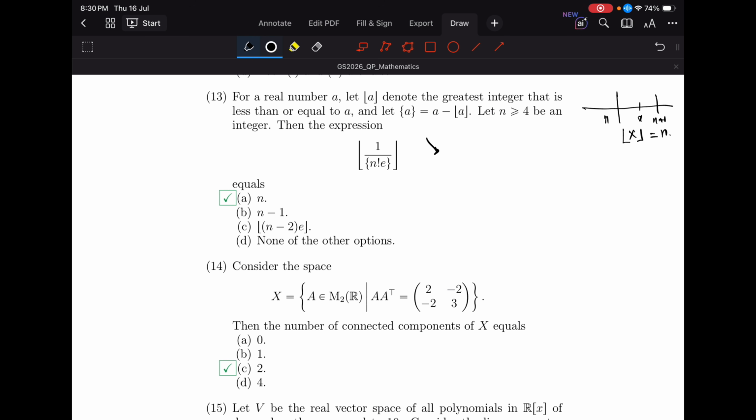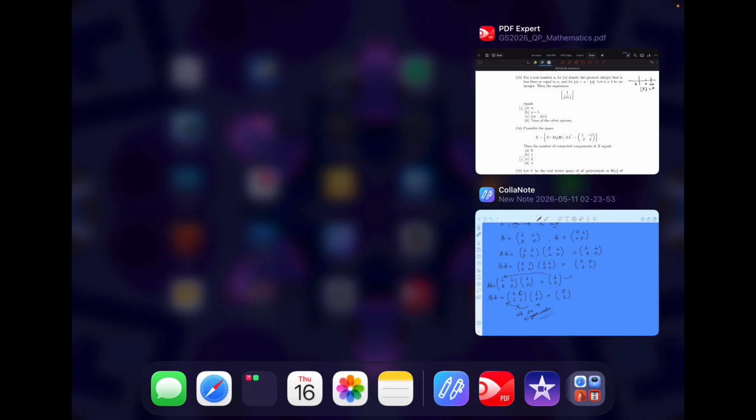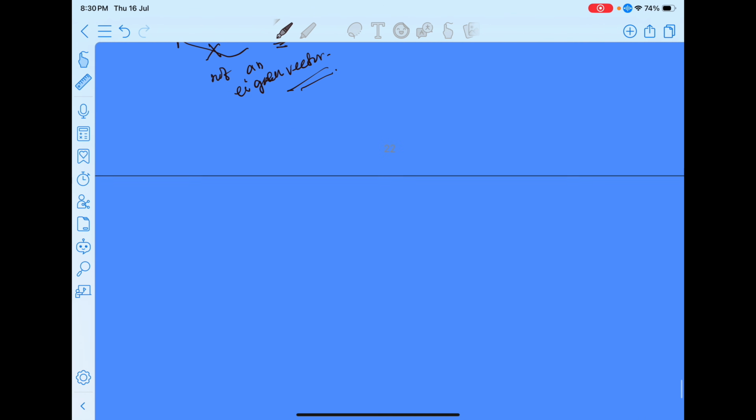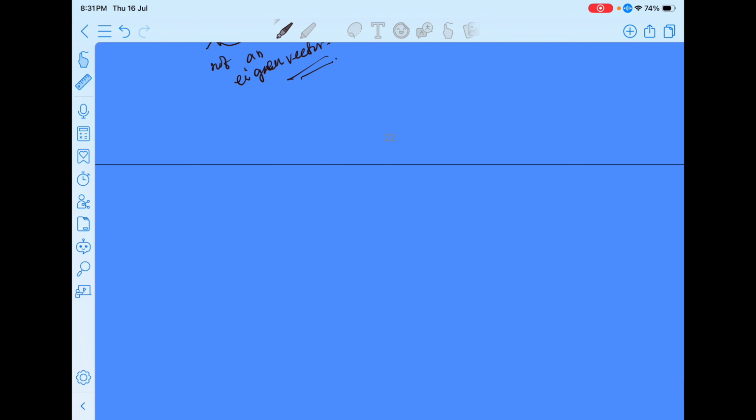So let us compute that. I don't think we have enough space here, so let us do it here. E has an expression: 1 plus 1 by 1 factorial plus 1 by 2 factorial, dot dot dot, 1 by n factorial plus 1 by n plus 1 factorial and so on.